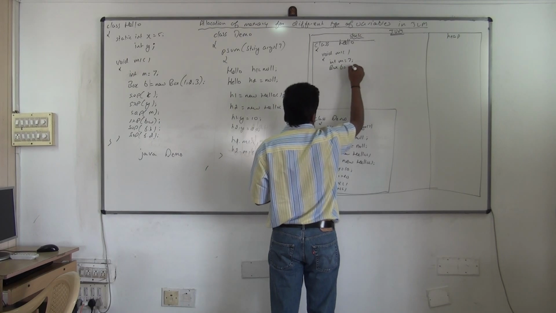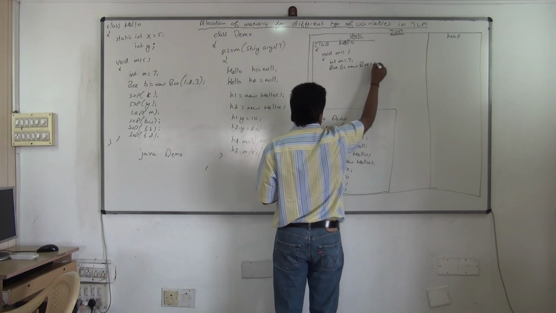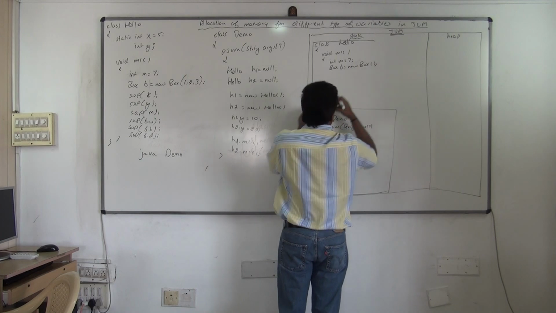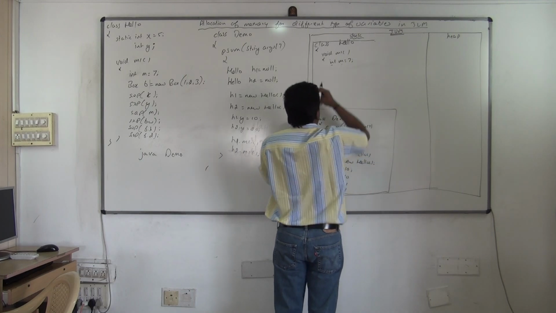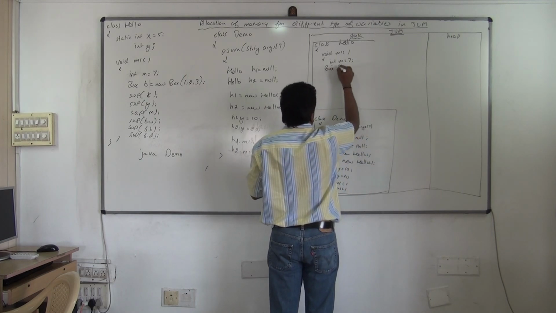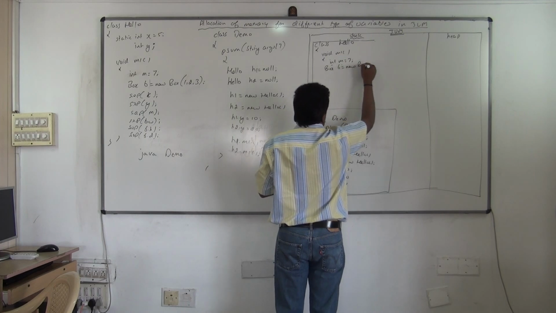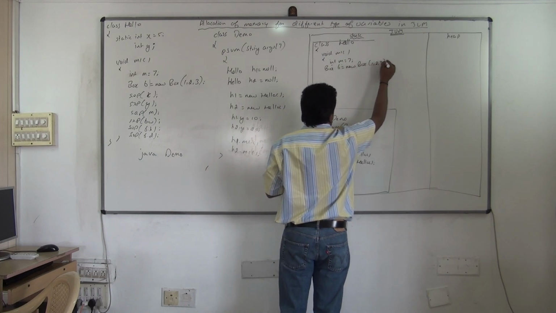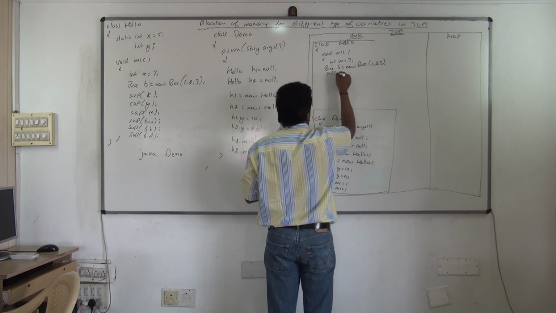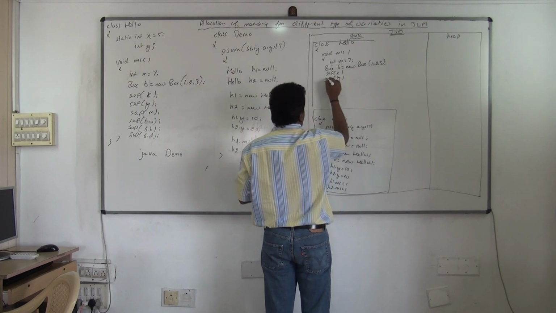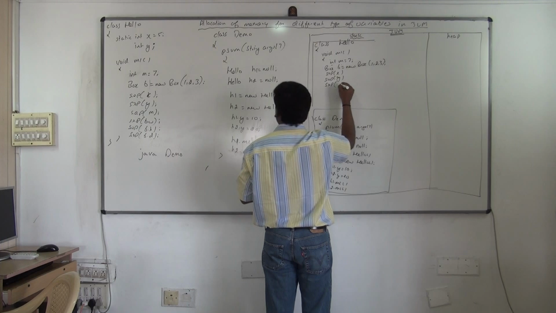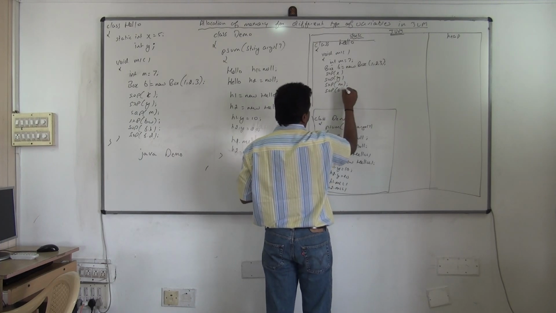Box p is equal to new Box of 1 2, we need space. Box b is equal to new Box of 1 2 3. SOP x, SOP y, SOP m, SOP b.w, b.h.